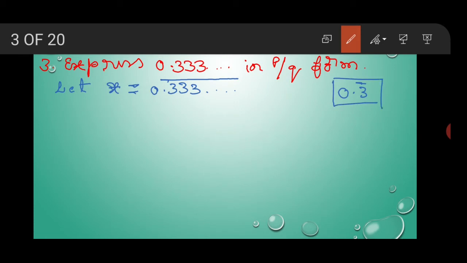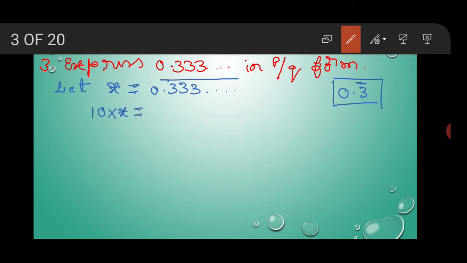Now, what is the repeating number here? After the decimal point, one number is repeating. So you have to write 10 followed by, that is, multiply the above equation by 10.